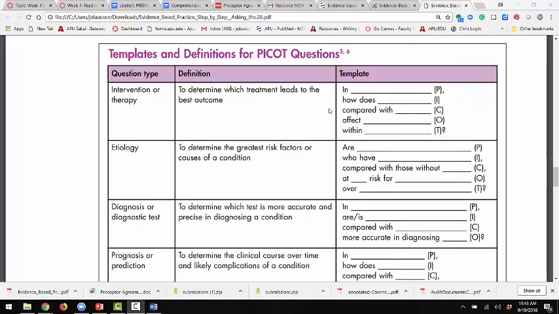She asked, how does non-pharmacological therapy compared with maybe pharmacological therapy affect urinary incontinence? That was her question, and then her keywords became postmenopausal women, treatment, urinary incontinence.